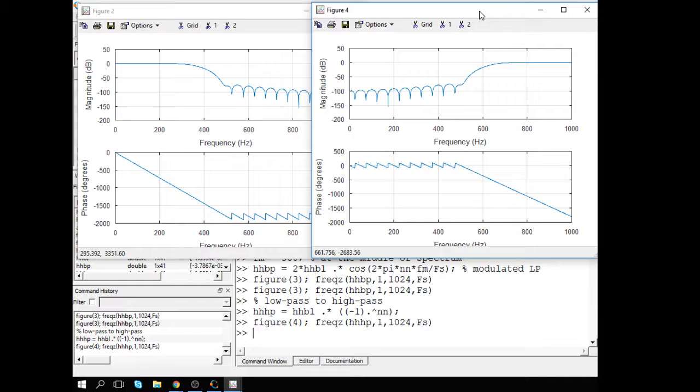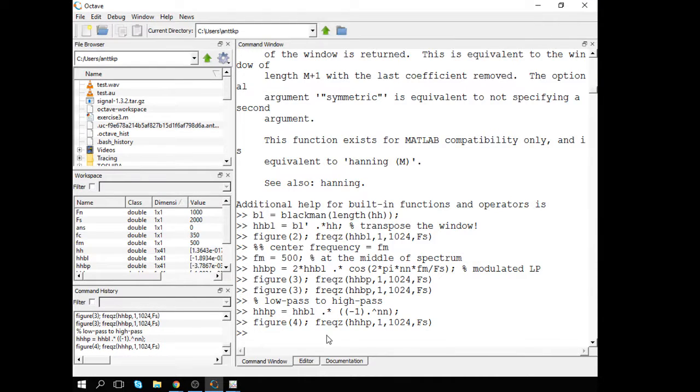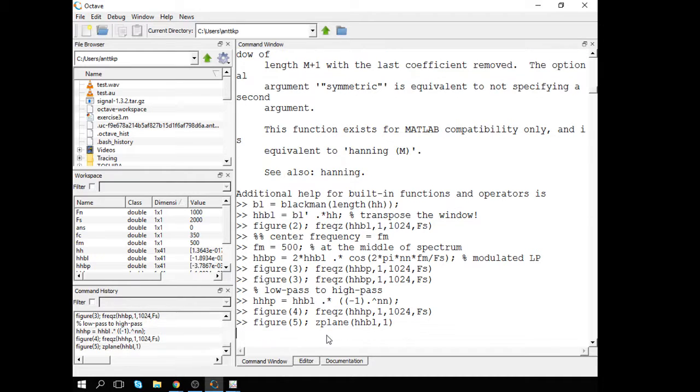If you are taking a look at this, what is the difference? Well, we can actually do it since we have the technology. New figure, with 5 Z-plane of HHBL. Let's see what it looks like. It looks ugly.